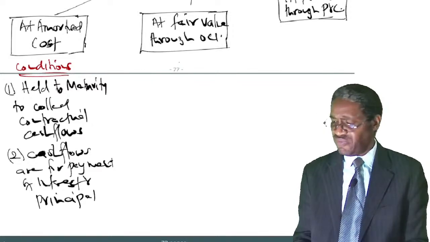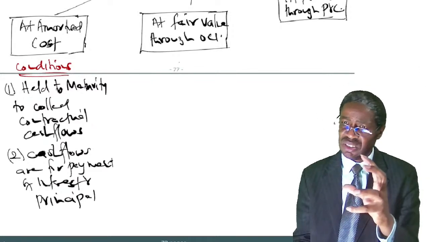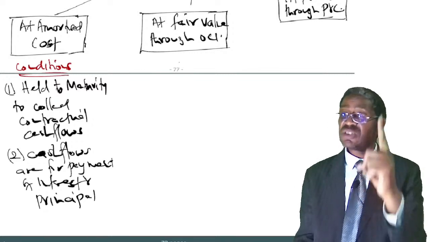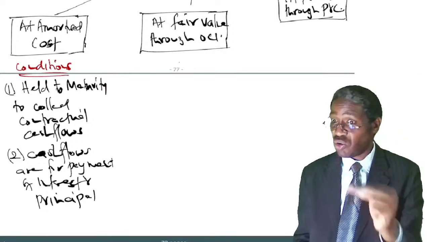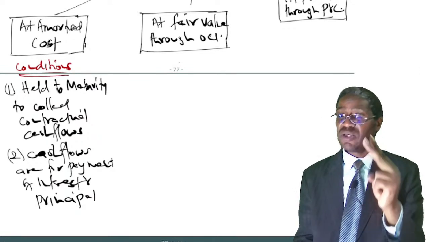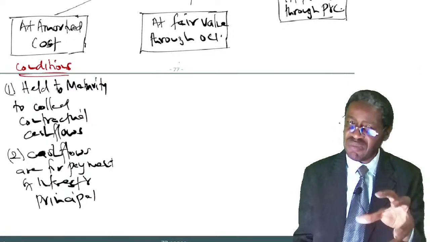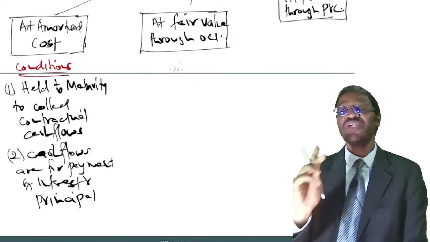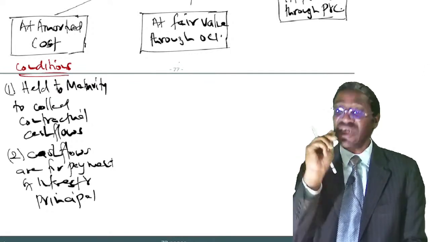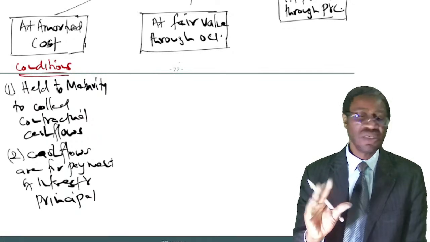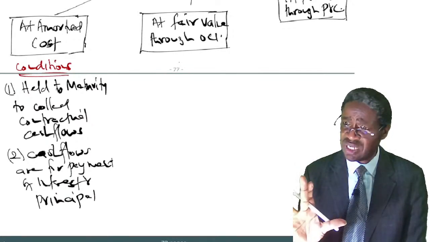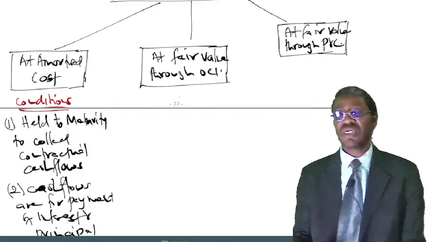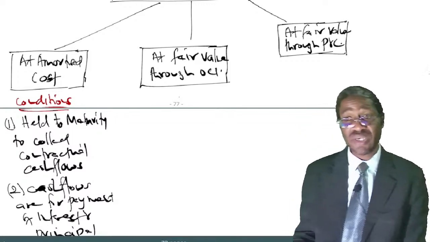So if you as an investor have a financial asset which meets these two characteristics, one, you are holding it until maturity to collect contractual cash flows, and number two, those cash flows are for payment of interest and principal, then you should remeasure that kind of asset at its amortized cost. How to calculate the amortized cost we shall discuss later. But now you know which kind of financial assets should be remeasured at amortized cost.